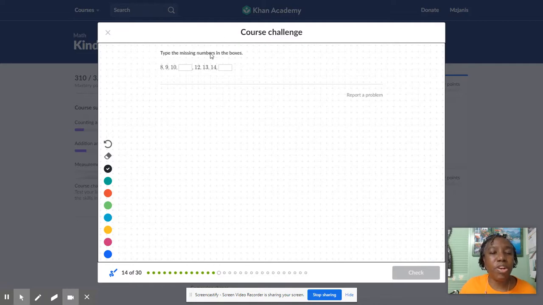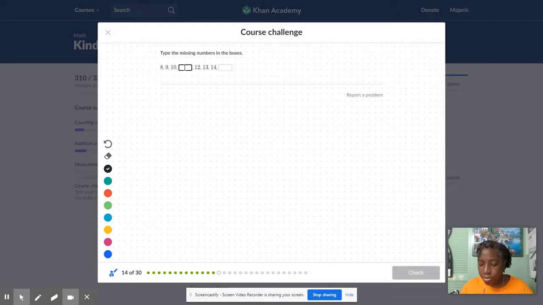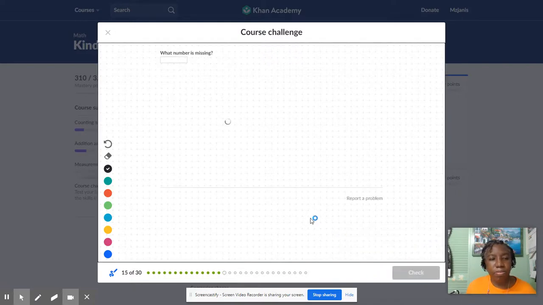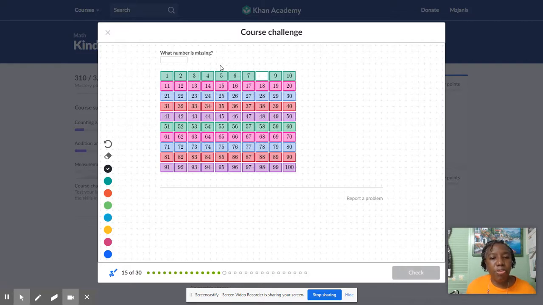Okay, type the missing numbers in the boxes. 8, 9, 10, 12, 13, 14. Now they have to remember how to write their numbers. Not how to count, but how to write your numbers. What number is missing?